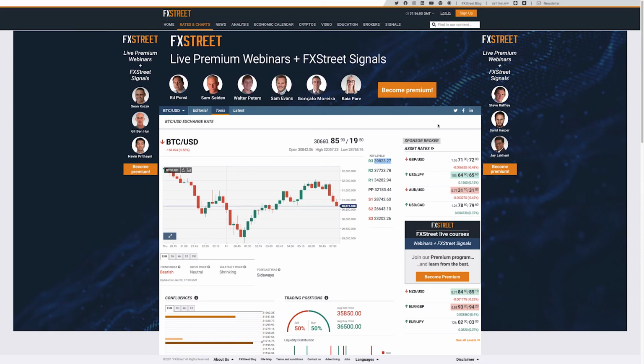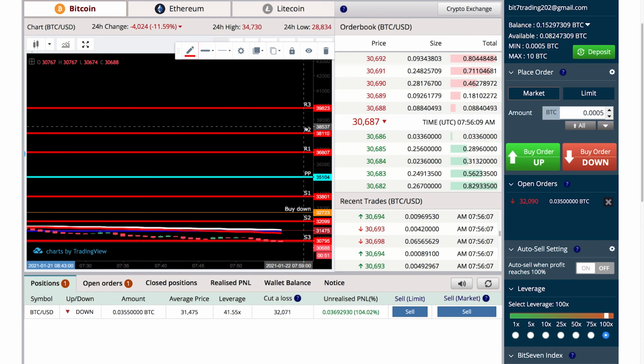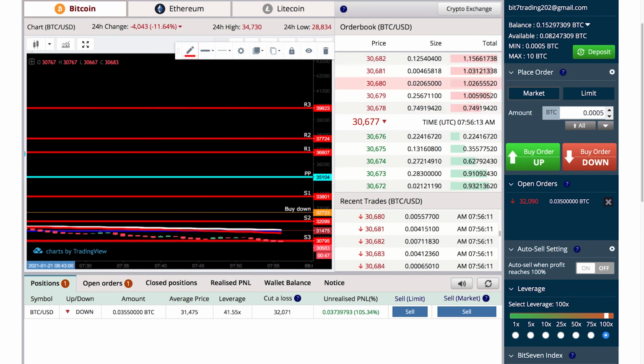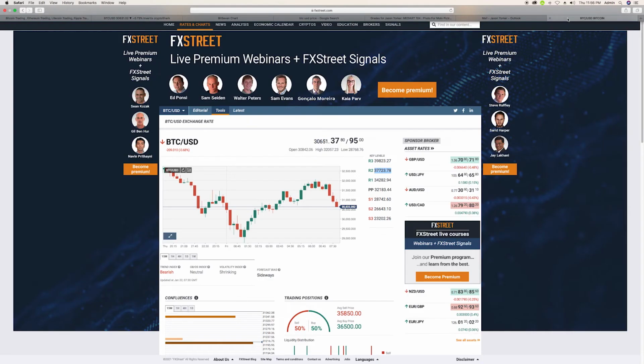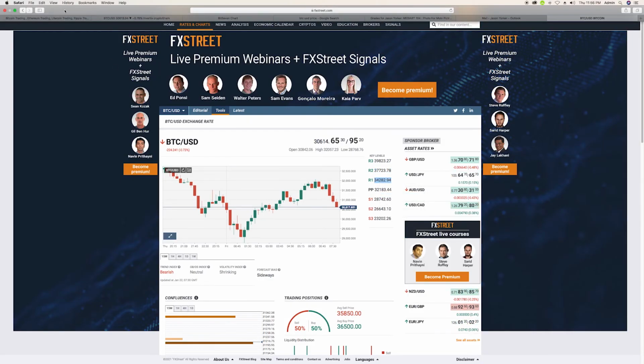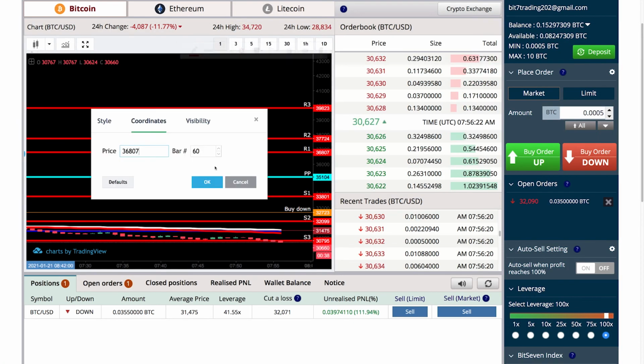And I've got my key levels, my resistance levels, my pivot point, and my support levels on both charts. But my resistance and support levels were outdated on my Bit7 chart, and it's up to me to manually enter them in. So as you can see, we're up 112%.